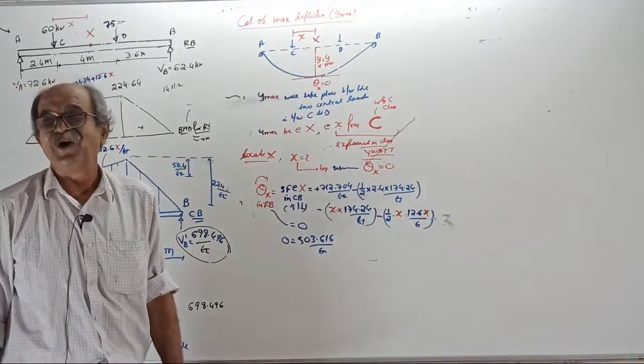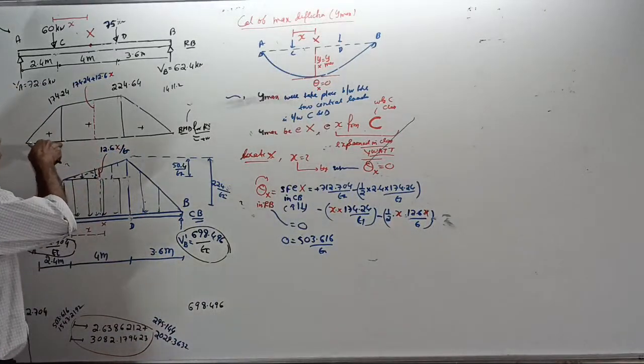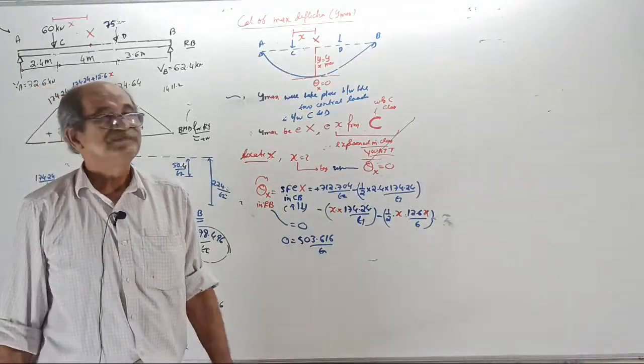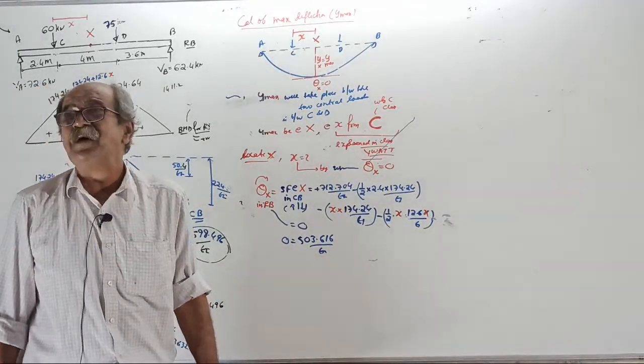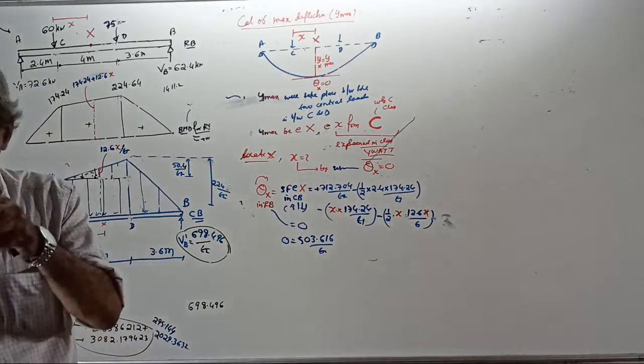That's all. For me, when I want zero slope here, I will start from this slope. That slope is 503.616. Some will ask how you came to know. Don't worry, they are called technical tricks.